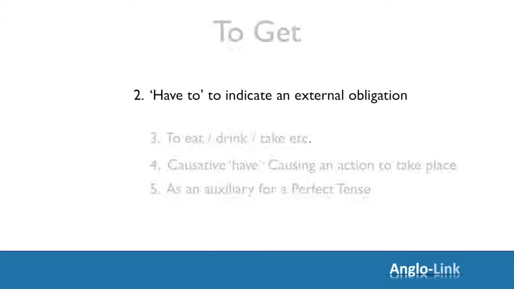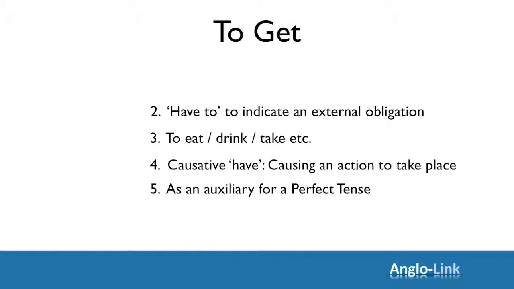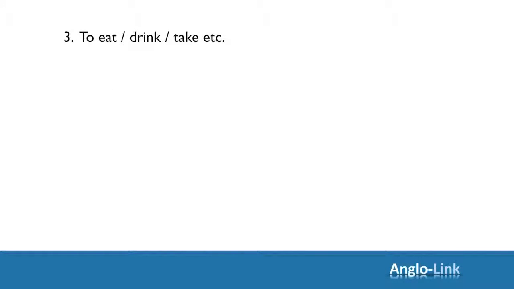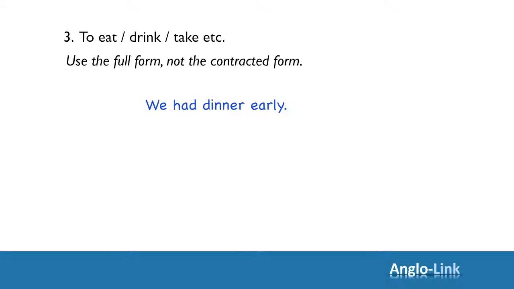Okay, moving on to the third meaning. Have replaces other verbs such as eat, drink, and take. Once again, it is the main verb, so use the full form and not the contracted form. For example, we had dinner early.